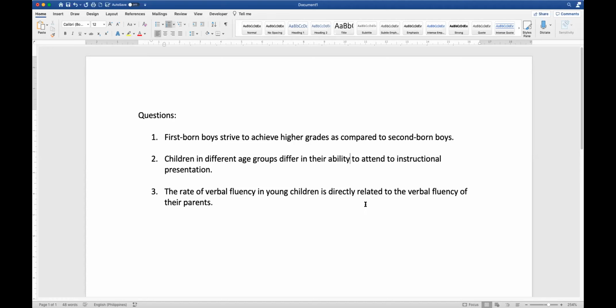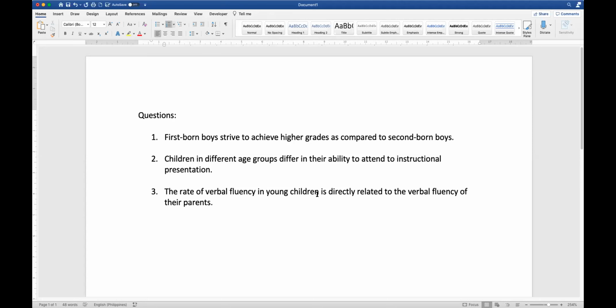Actually, I'm thinking for number 3, magkaiba ba yung verbal fluency and rate of verbal fluency? Baka pwede natin lagyan din na rate of verbal fluency sa parents just para pareho. Ilagay natin ang rate of verbal fluency din sa parents.